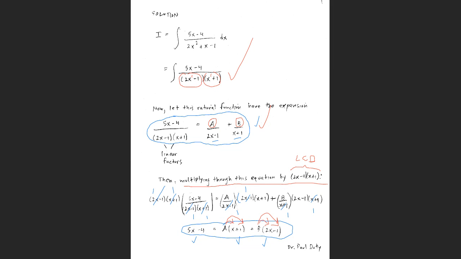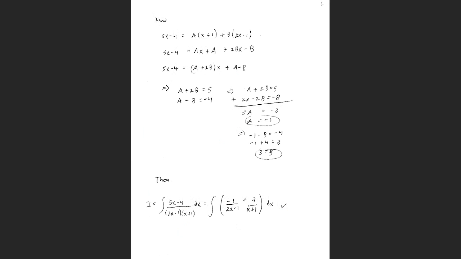And when I do that distribution, that's going to get me 5x minus 4 equals a times x plus a plus 2bx minus b.